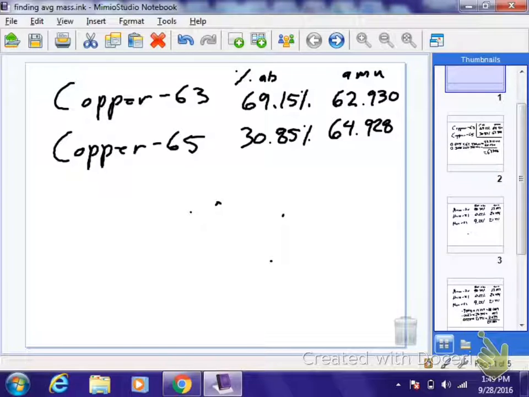Like if I had 10 of those atoms out here, and I start picking them up and I go through all 10, how many atoms would I get that would be 63, copper 63? 7. I'd get 7.